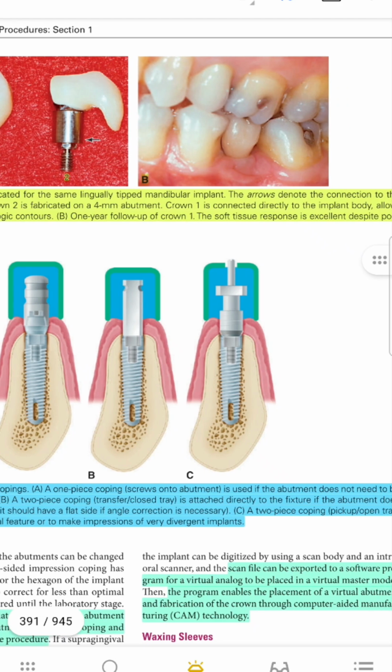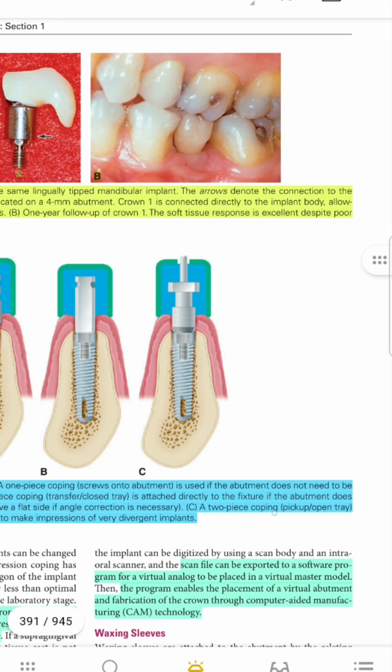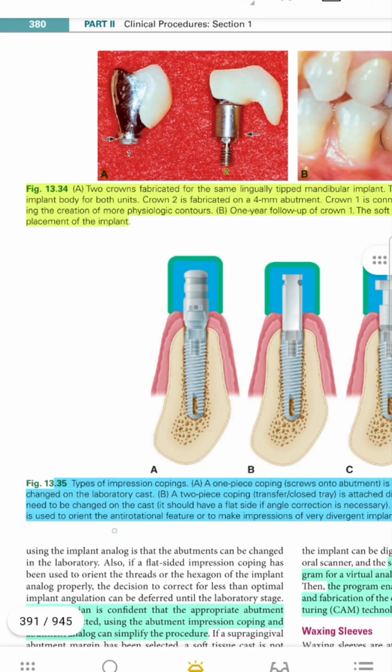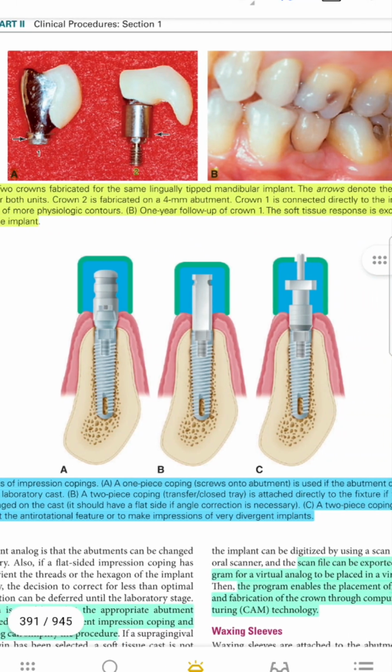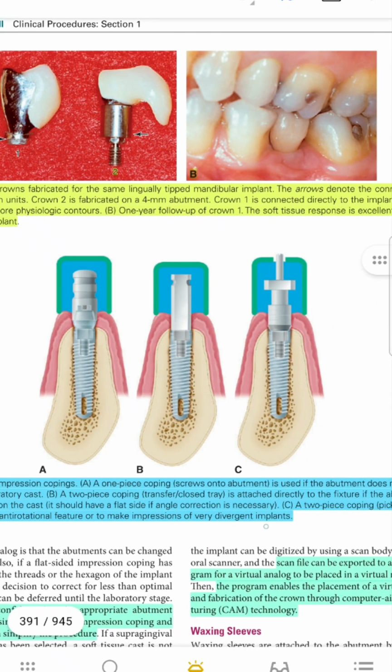is necessary. A two-piece coping, this is C, which is for the open tray, is used to orient the anti-rotational feature or to make impressions of very divergent implants.